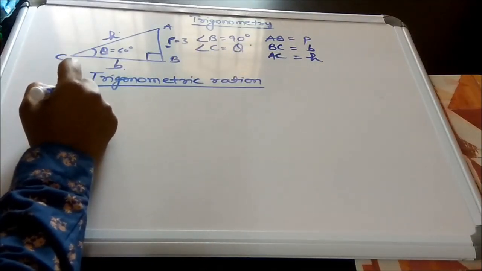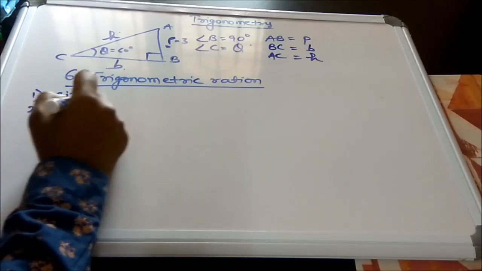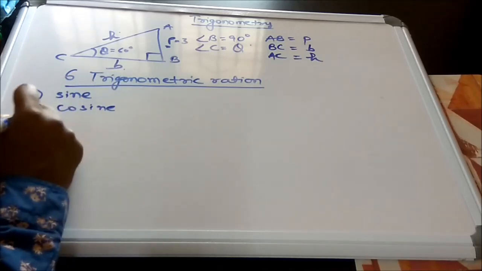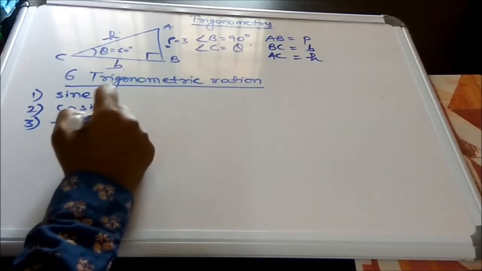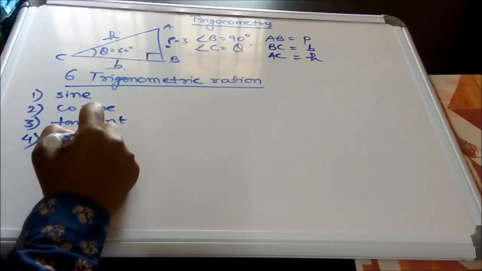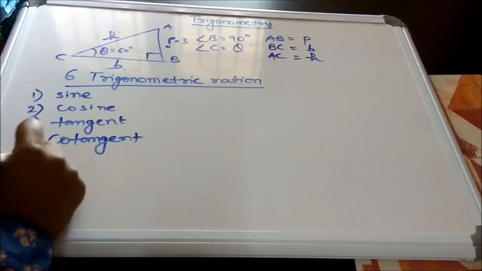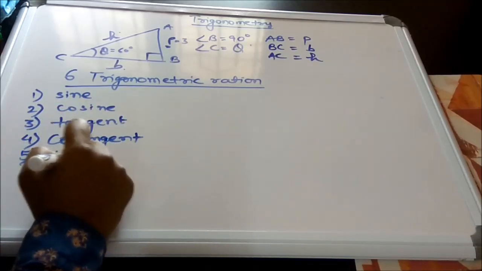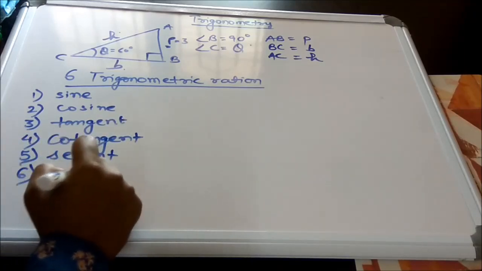First is sine, second is cosine, third is tangent, fourth is cotangent, fifth is secant, sixth is cosecant.